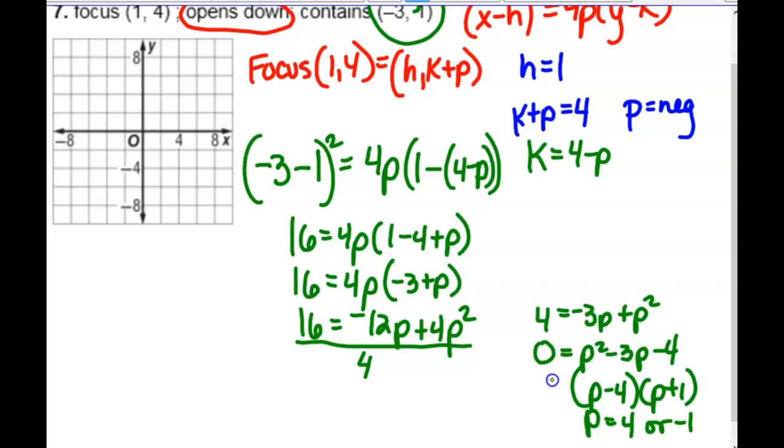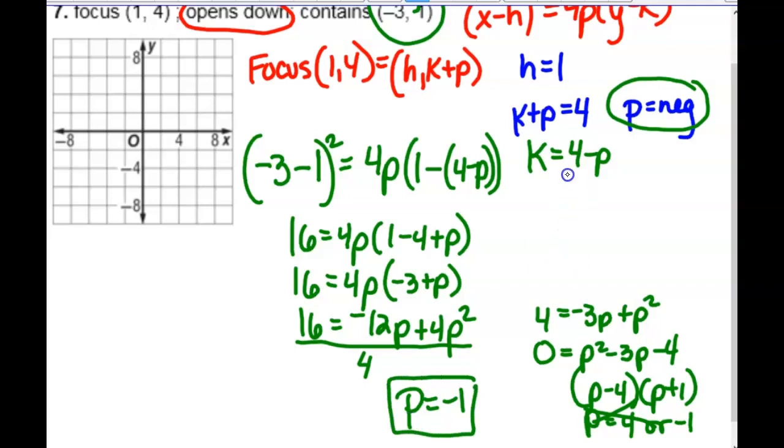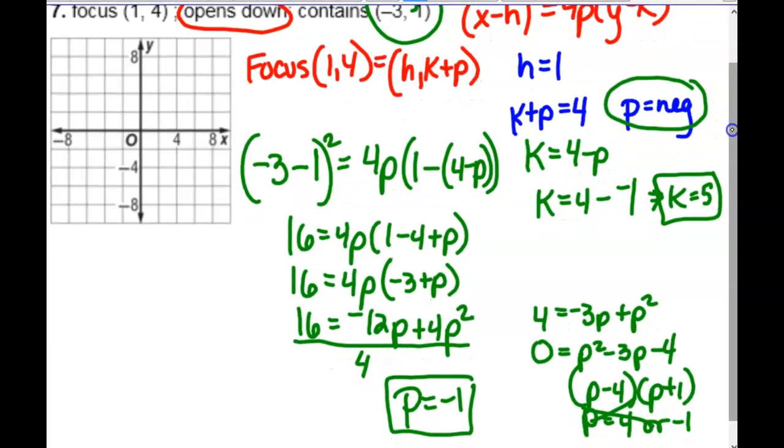So what did we decide ahead of time? P had to be negative, we said back up here, right? So P is -1. And then if I put that back in here for K, 4 minus -1, wouldn't that make K 5? So the equation, anybody, if we go back up to the top.